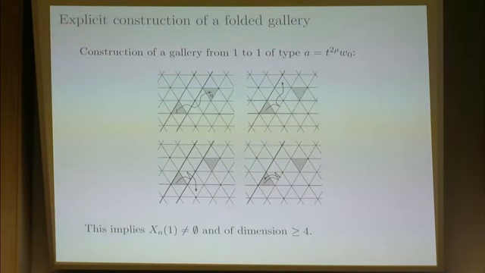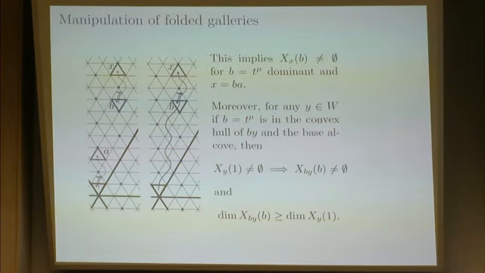And we've seen more theorems. So here, for example, this slide shows that from non-emptiness here, you can deduce non-emptiness of x b with this x and this b here.